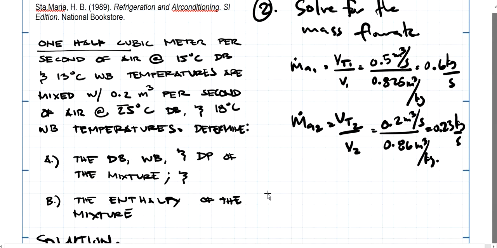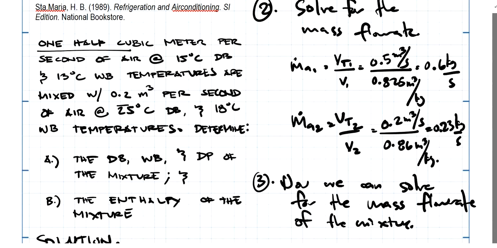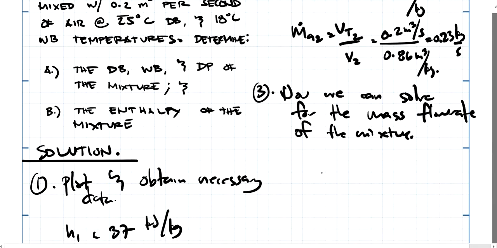Okay, so next, since we now have the flow rates, we can solve for the mass flow rate of the mixture. MA3 is simply equal to MA1 plus MA2.